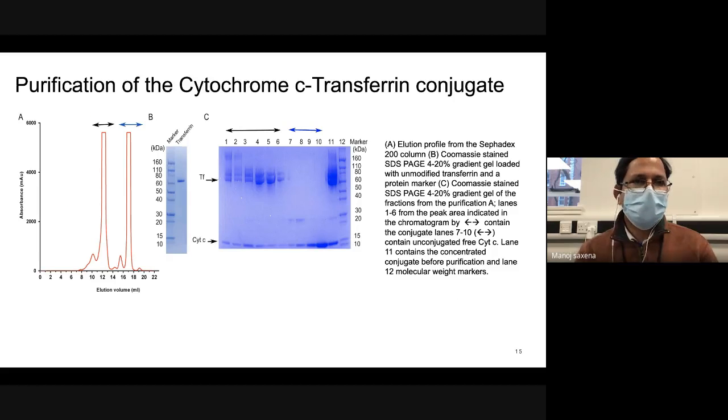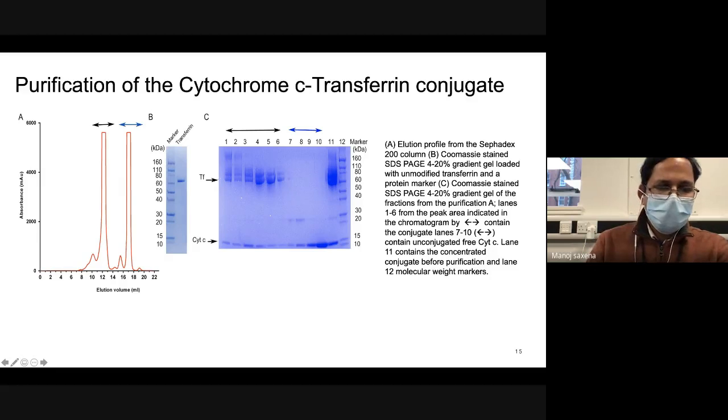Once these proteins were combined using this chemical cross-linking method, I purified this complex using a chromatography technique called gel filtration chromatography. As many of you might know, in gel filtration chromatography, you get the bigger molecules first and the smaller ones later.